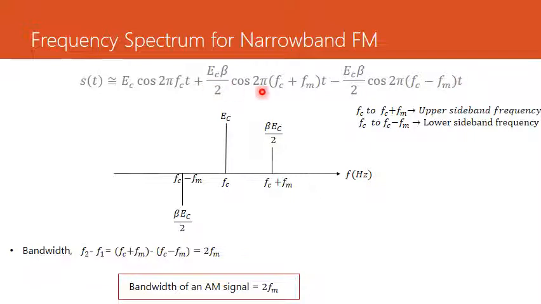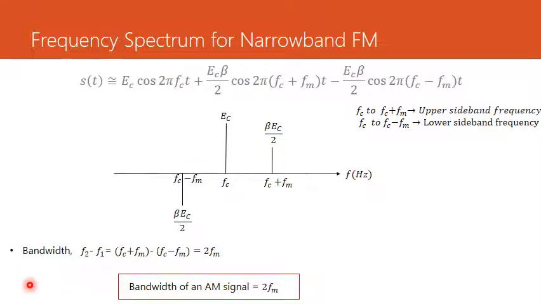The upper sideband is at frequency fc plus fm with an amplitude of β Ec/2, and the lower sideband is at fc minus fm with an amplitude of minus β Ec/2. The minus represents the negative amplitude. From fc to fc plus fm is the upper sideband, and from fc to fc minus fm is the lower sideband.